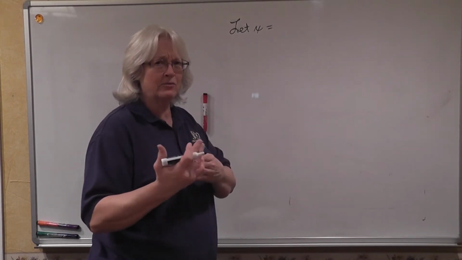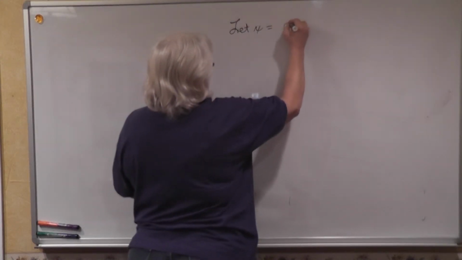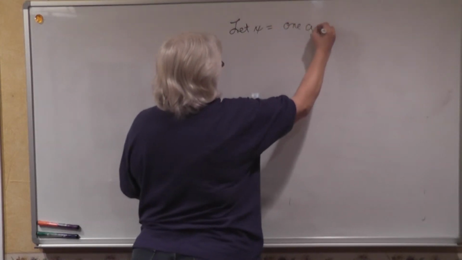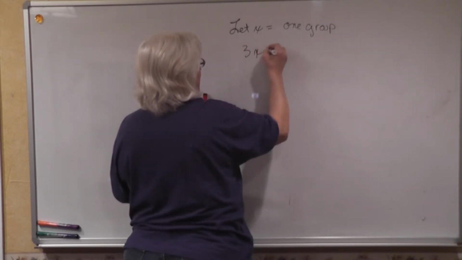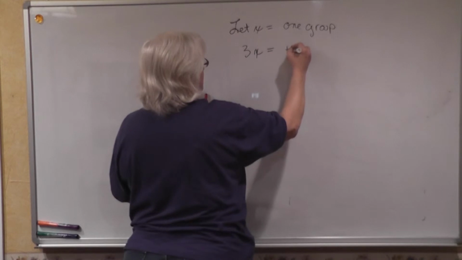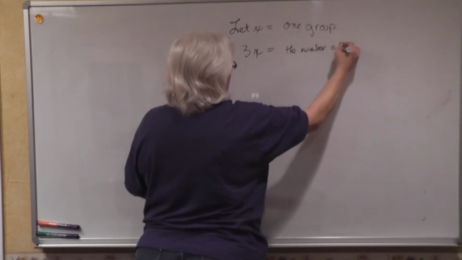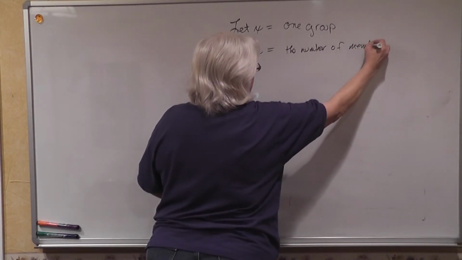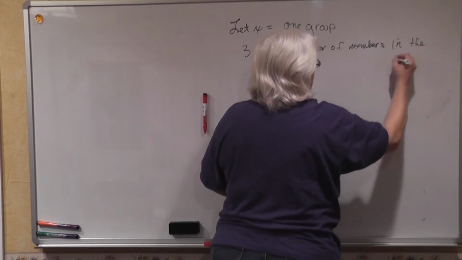But if that is confusing for you, let's just have x be the number in one group. The other group is 3 times bigger. 3x is equal to the number of members in the other group.